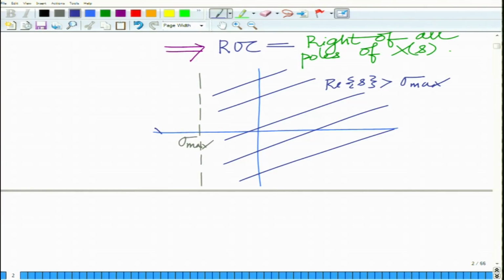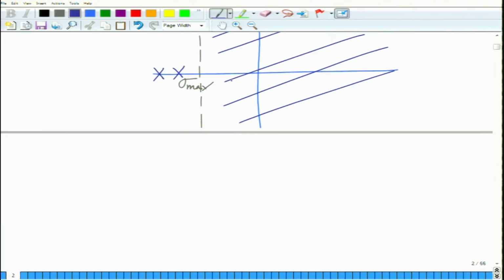And remember, the ROC cannot contain any poles, so all other poles are to the left. The ROC is basically to the right of all the poles. So, this is the line which is real part of s equals sigma max, and of course, this line itself is not included in the ROC.